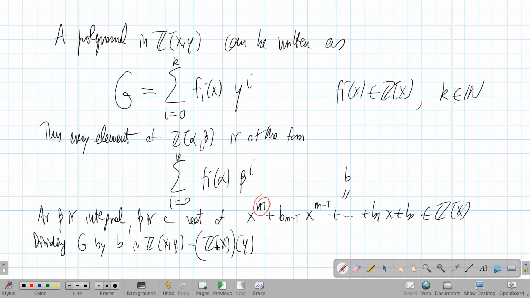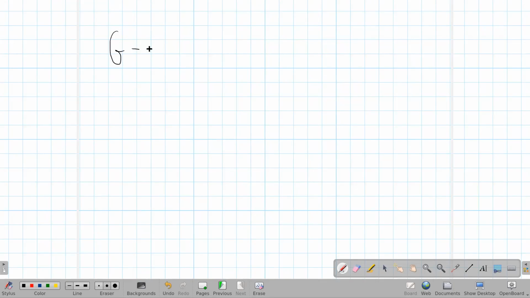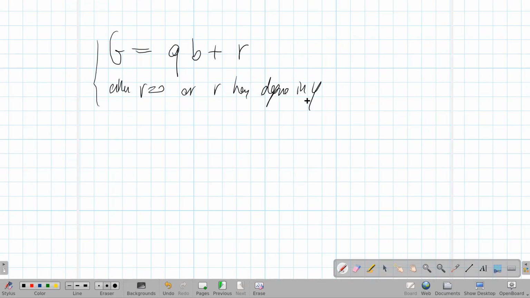Usually you cannot do divisions, but since B is monic, you can. So you can write G as Q times B plus a certain R, where what's important is that either R is 0 or R has degree in y less than m, the degree of the polynomial B.